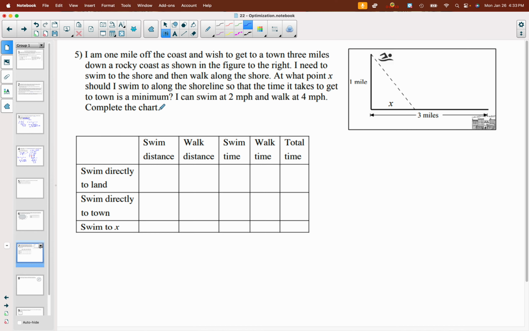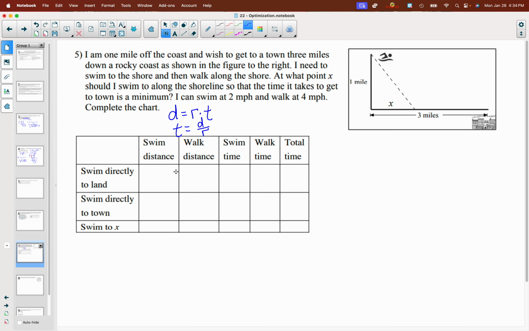So a couple things to keep in mind is distance equals rate times time. And if we switch this formula around and solve for time, we get time equals distance divided by rate. Now remember, we're trying to minimize the time, so I needed to have this involving the time.